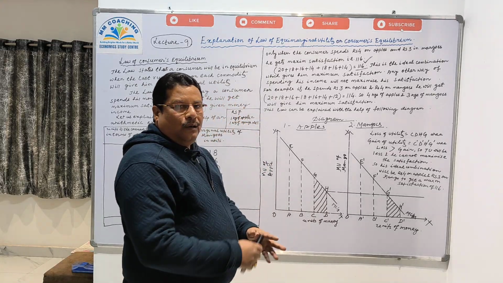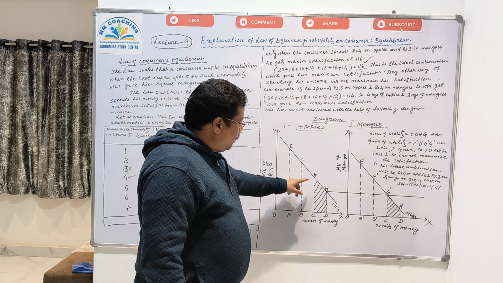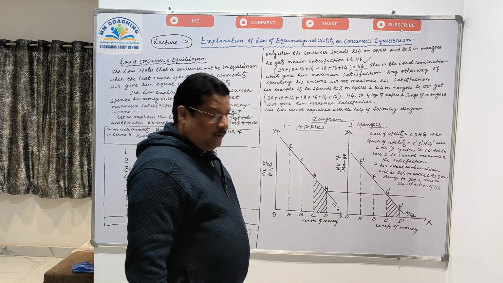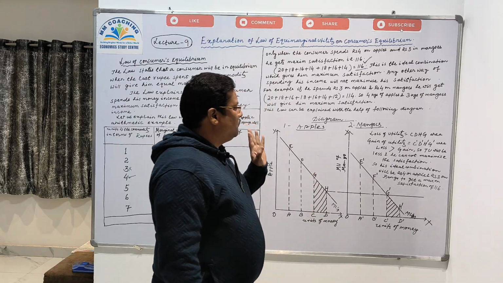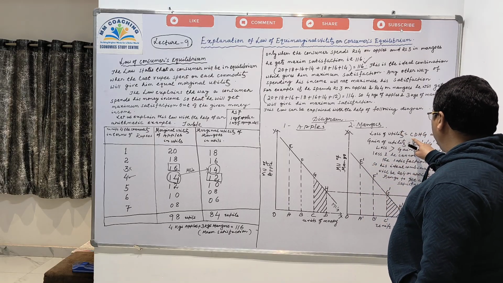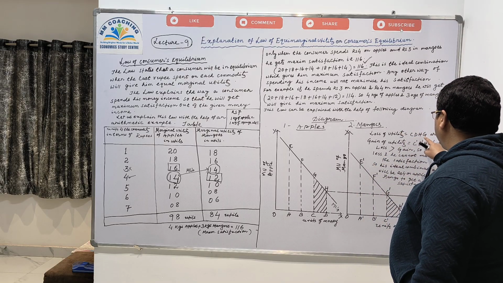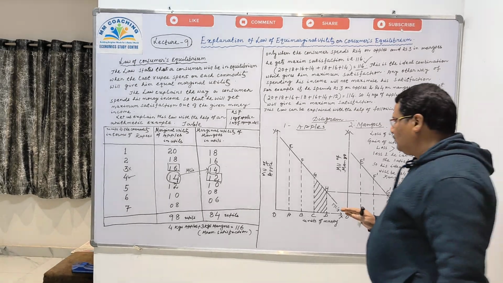Therefore, from apple, what will be his loss of utility? CDHG. Loss of utility is equal to CDHG area. Are you clear?